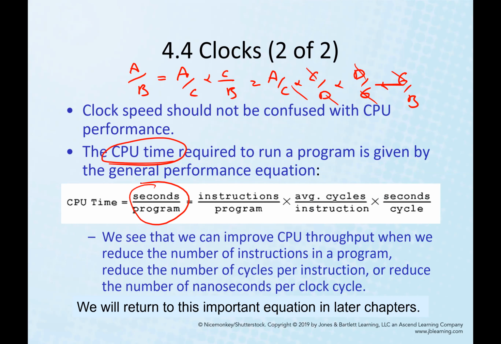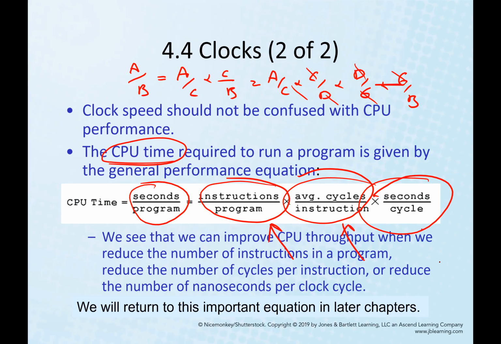So we say the CPU time is the seconds per program. I want to expand it. I say: how many instructions do we have per program, times how many average cycles we need per instruction, times how many seconds per cycle.